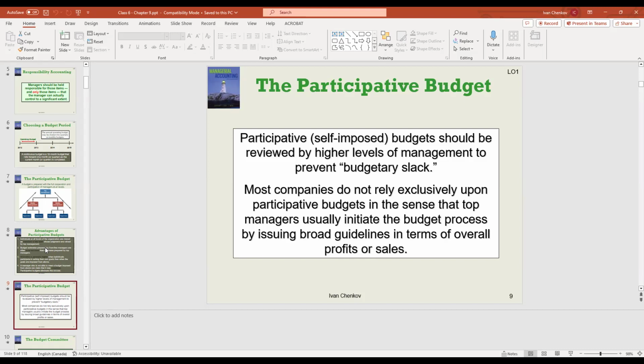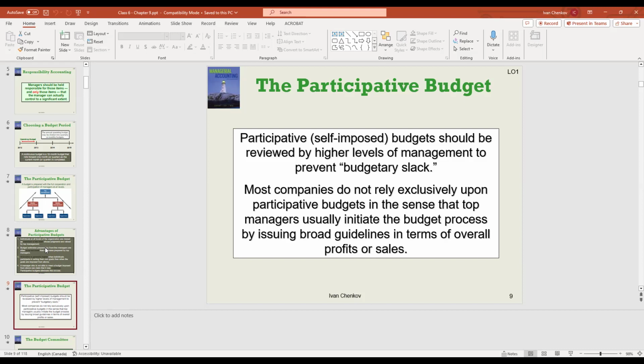So don't forget that, and always keep it in mind. Also keep in mind that the goals of the individual are not the goals of the organization. For that reason, as a manager, you have to be able to identify if there's a budgetary slack in the numbers of the budget. And if you see that, you have to step up and change the numbers.